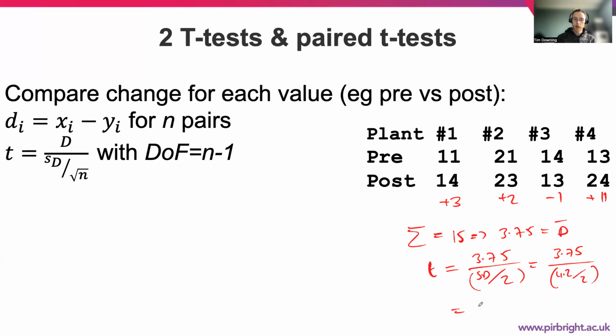So therefore we get a t value of about 1.7. So with our t distribution with the degrees of freedom of 3, we can see that here the difference is probably going to be a percentile that is at least greater than 0.05 in this instance.